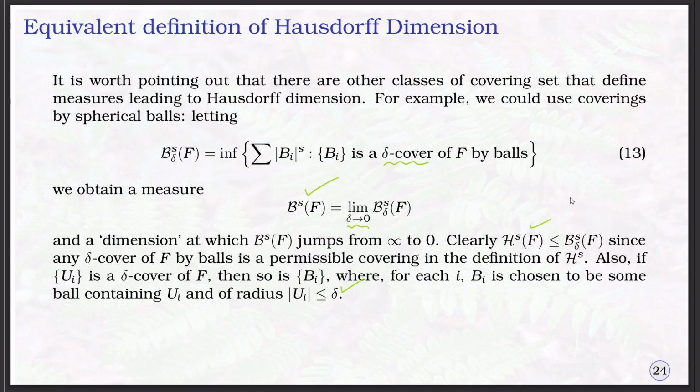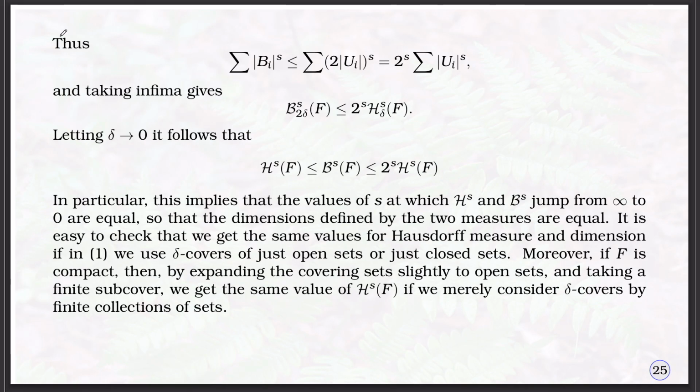So this will give H^s(F) less than or equal to B^s(F). Thus, the sum of the diameters of B_i to the power s is less than or equal to 2 times |U_i| to the power s; you can take 2^s out, then you will get B^s_delta(F) less than or equal to this quantity.